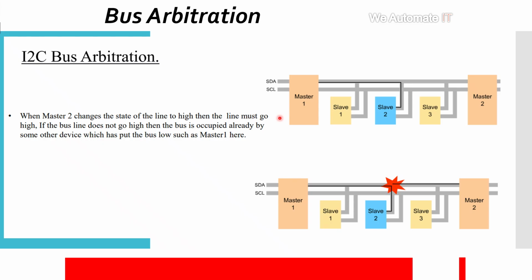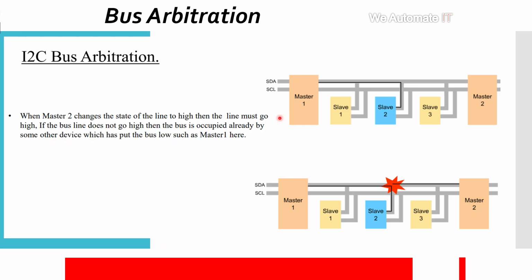When master 2 changes the state of the line to high, then the line must go high. If the bus line does not go high, then the bus is already occupied by some other devices which have put the bus low, such as masters here.